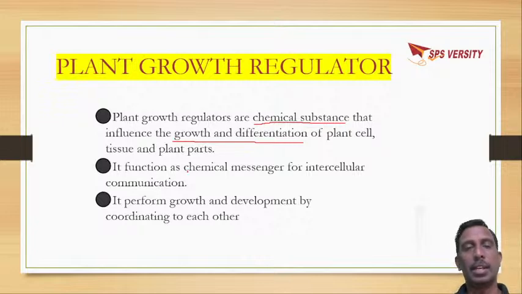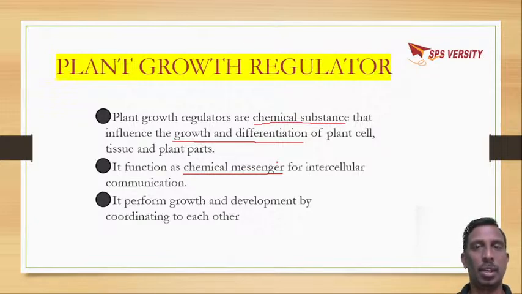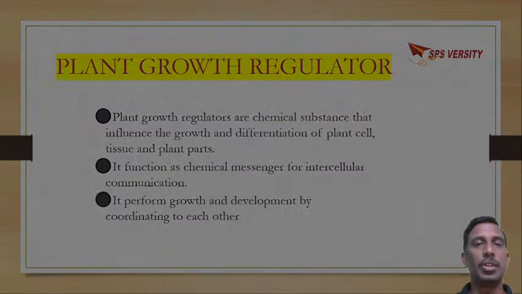And they act like a chemical messenger, which will coordinate with each other. This chemical messenger will promote the coordination of all the cells. So plant growth regulators are chemical substances that influence the growth, which will do intercellular communication.